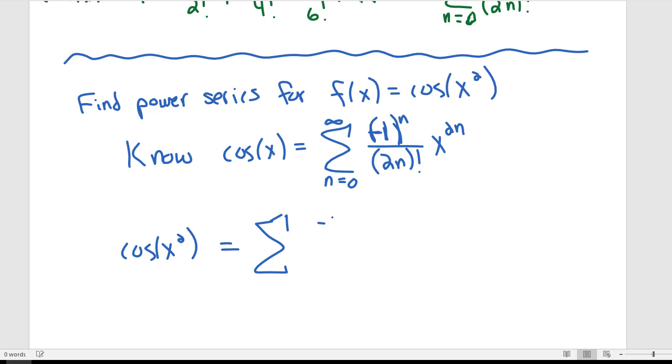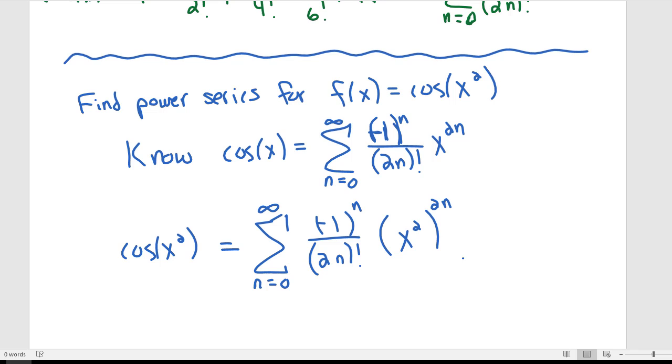So I'm going to have -1 to the n over 2n factorial, and my variable u to the 2n. In this case, my u is x squared. So I have x squared to the 2n, and there's my power series for cosine of x squared. We're just doing an algebraic manipulation there.